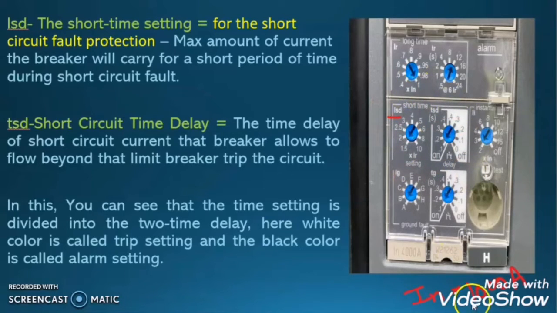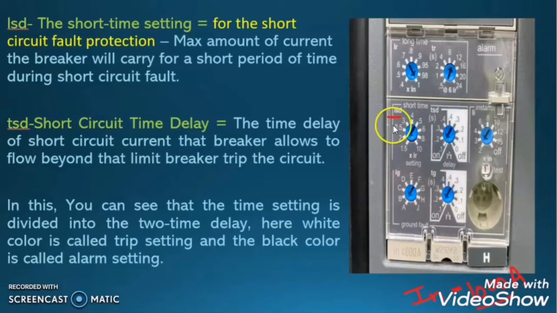Suppose this is a 1000 ampere circuit breaker. I am taking 1000 ampere for simple numeric calculation. It can be anything: 2000, 1000, 800, 1600, 2500, but I'm taking 1000 ampere to have a clear numeric understanding.